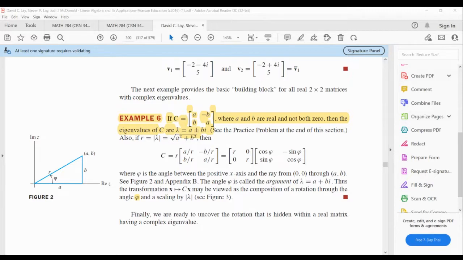So a comma b is the coordinate, and then var phi is an angle. How many recall seeing that back in school, like high school? It's pretty common when I took classes.